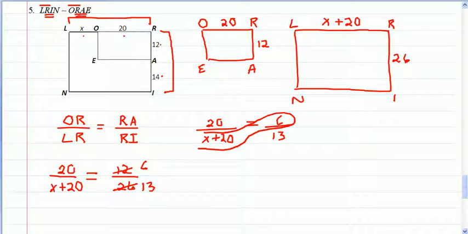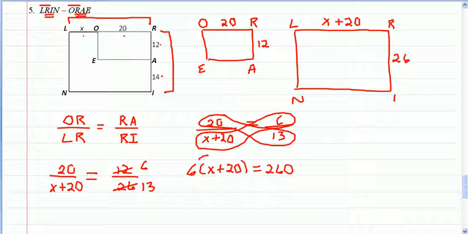And when I cross multiply, I start with the diagonal that has the variable, and then 20 times 13 is 260. I distribute the 6. 6x plus 120 equals 260.